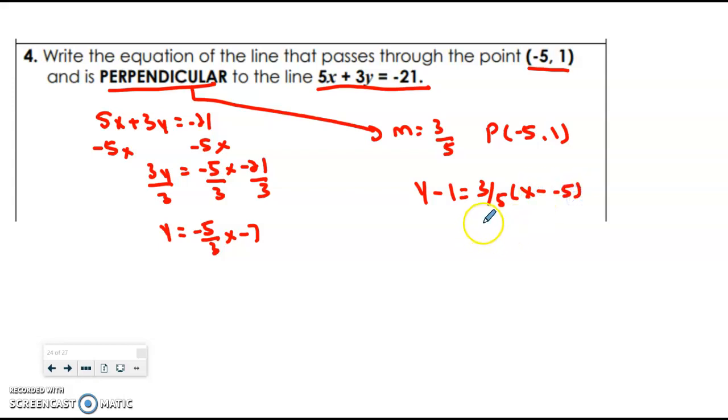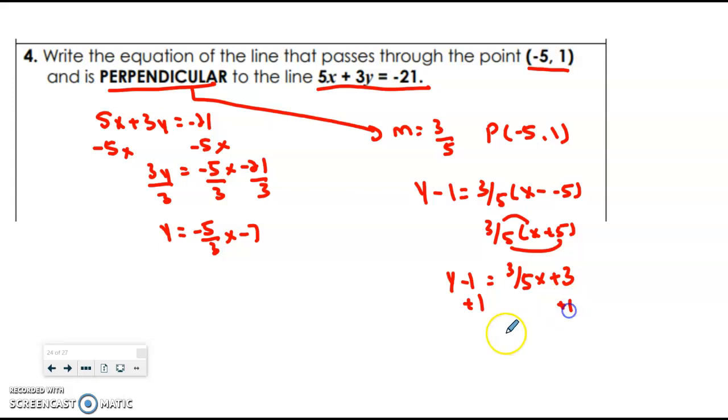We can do that. That's fine. So I got 3/5 times x plus 5. And then we're just going to distribute. So you end up with 3/5 x plus 3, and you got y minus 1. So when I get y by itself, I'm going to add 1. Add 1. So your final equation would be y equals 3/5 x plus 4.